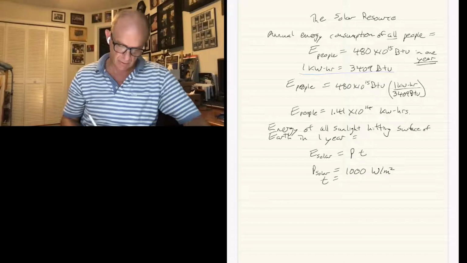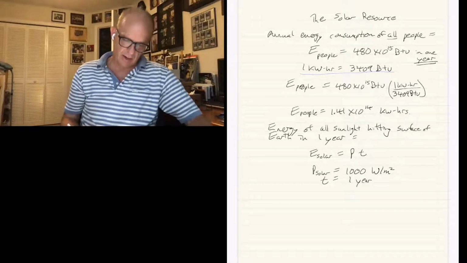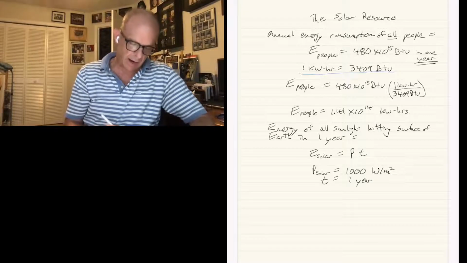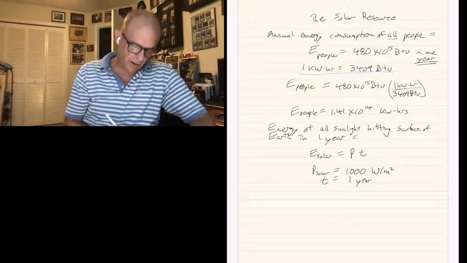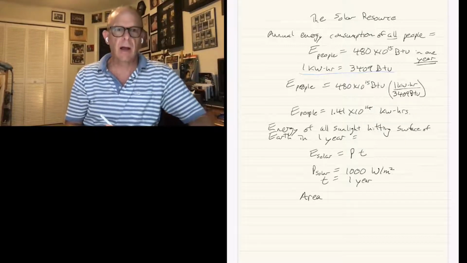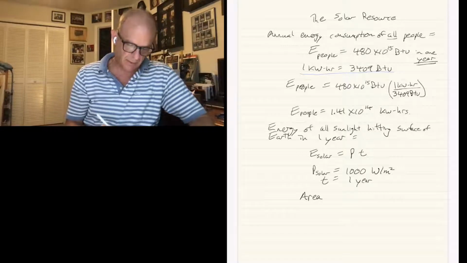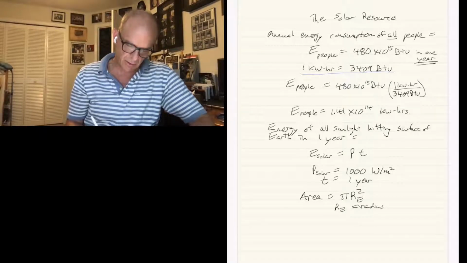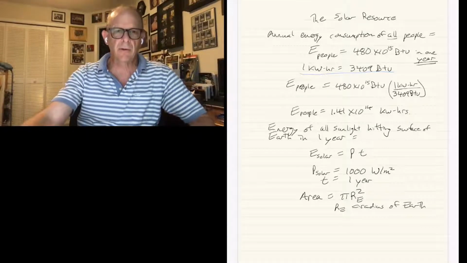Of course, the time that we're dealing with is 1 year, and we'll be converting that to hours. So the area that sunlight is hitting is pi times RE squared, where RE is the radius of the Earth. So we'll look up the radius of the Earth and calculate the area that's absorbing that sunlight.